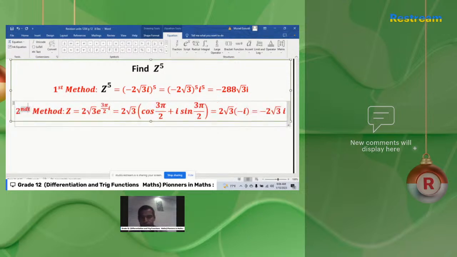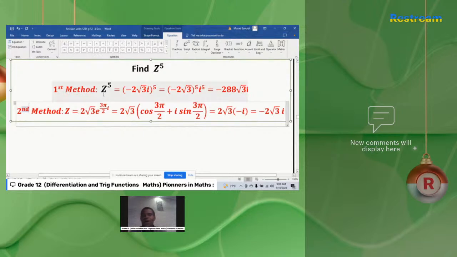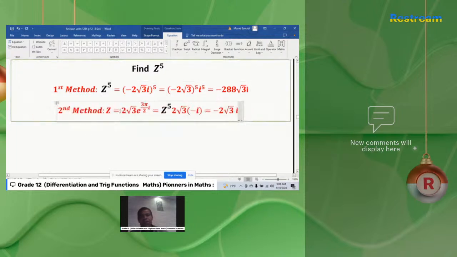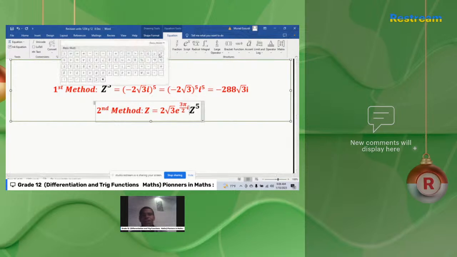Second method. Okay. Now I will take the complex number z. I will raise this to the power, z to the power 5. Okay, copy like that. I will make this equal to. Then I will erase all the rest. Okay, therefore, this implies that.